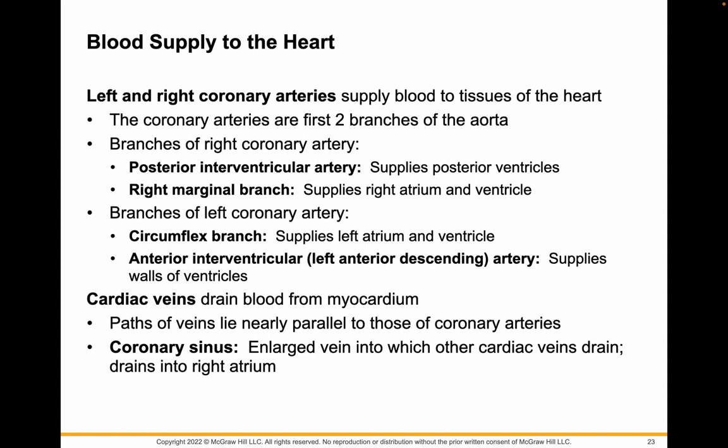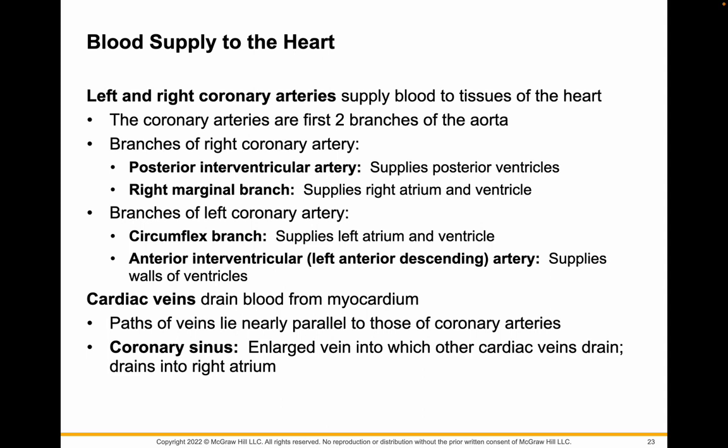So think about how important the aorta is. It's supplying oxygen to the whole body, and the first 2 branches are going to the heart itself. Think about how much work your heart does and when it does it, like all the time, right? So it needs oxygen all the time.